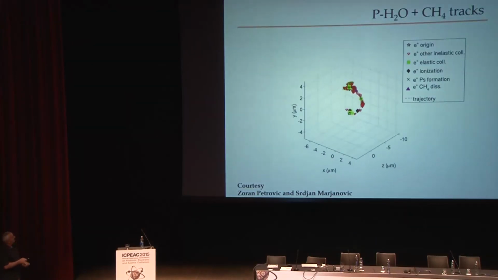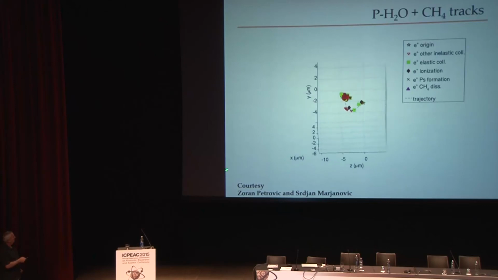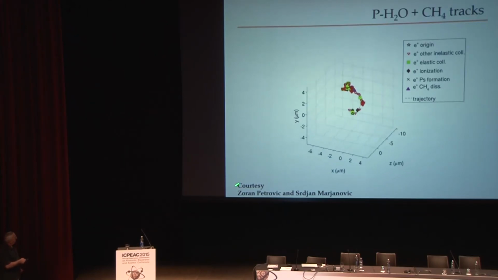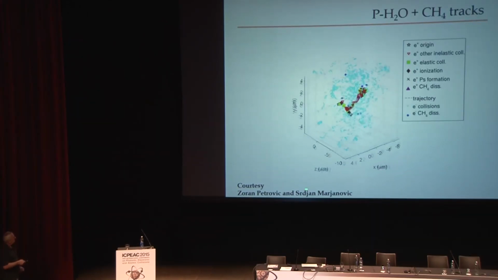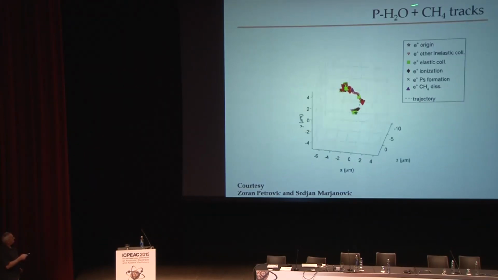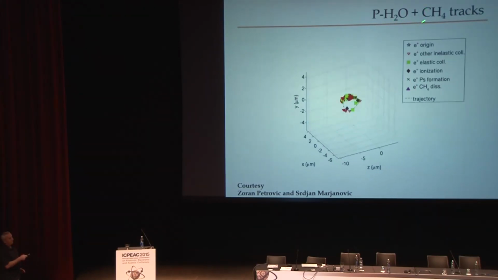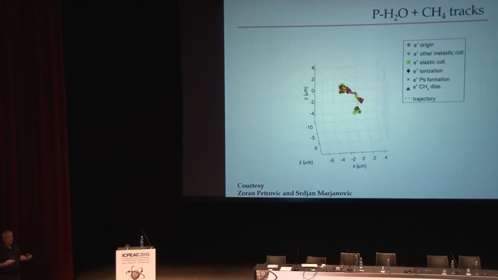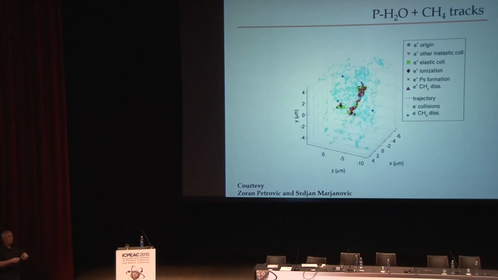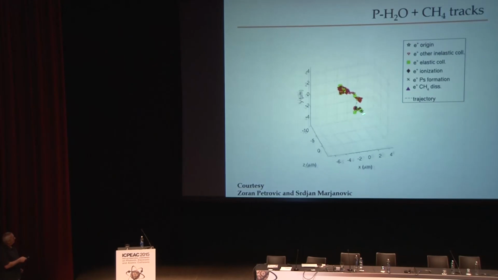A similar type of track model has been pursued by Zoran Petrovic and his colleagues in Belgrade. And this is somewhat more interesting because it's in a mixture of molecules. So we're getting to the stage now where we've got enough information that we can have mixed varieties of molecules and look at positron tracks.